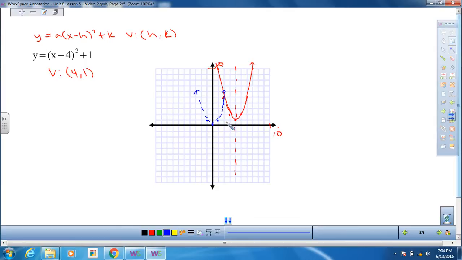So there were obviously some shifts, though. This one in blue is y equals x squared. It looks like I shifted right 4 and up 1.